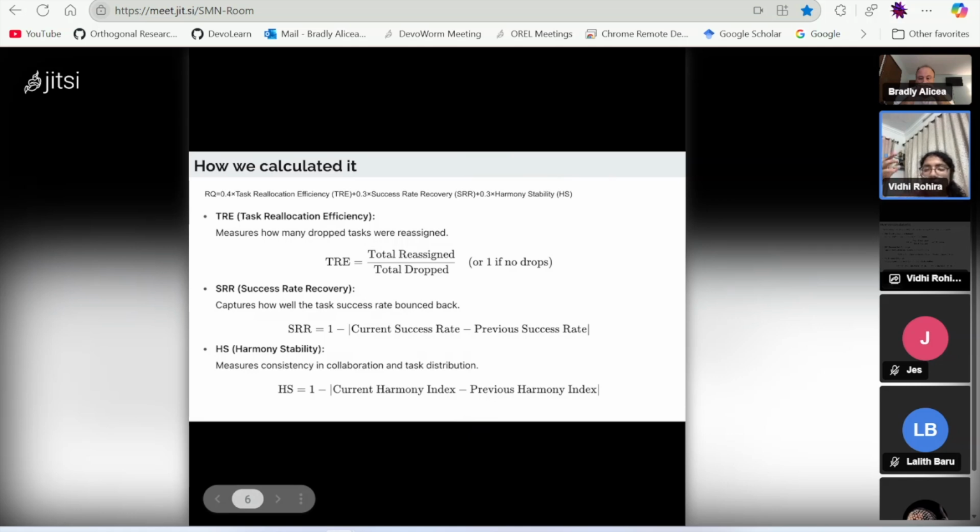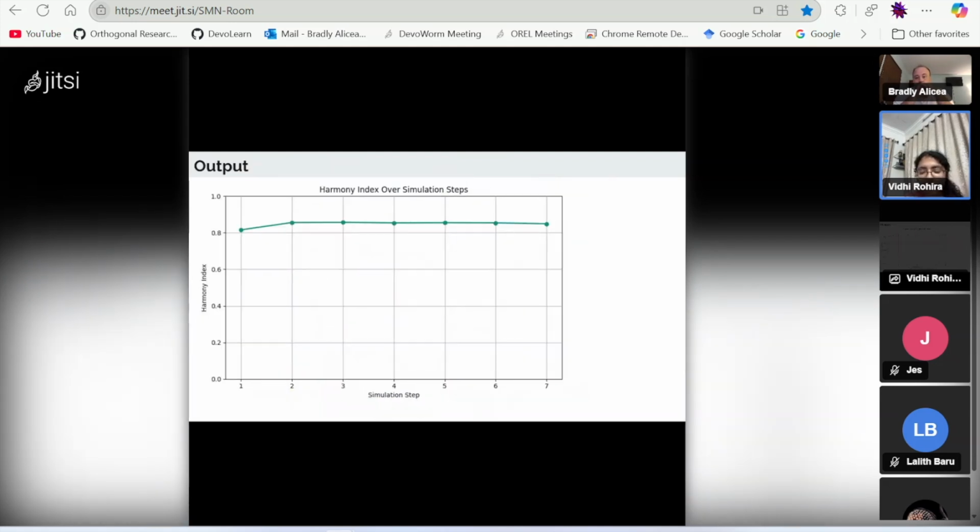So if it is high, that means the system is recovering well, and if it is low, that means it's not doing really well. If we see this graph, it is quite like a straight line, not exactly, but it has some sort of average, somewhere between 0.8 and 0.9.